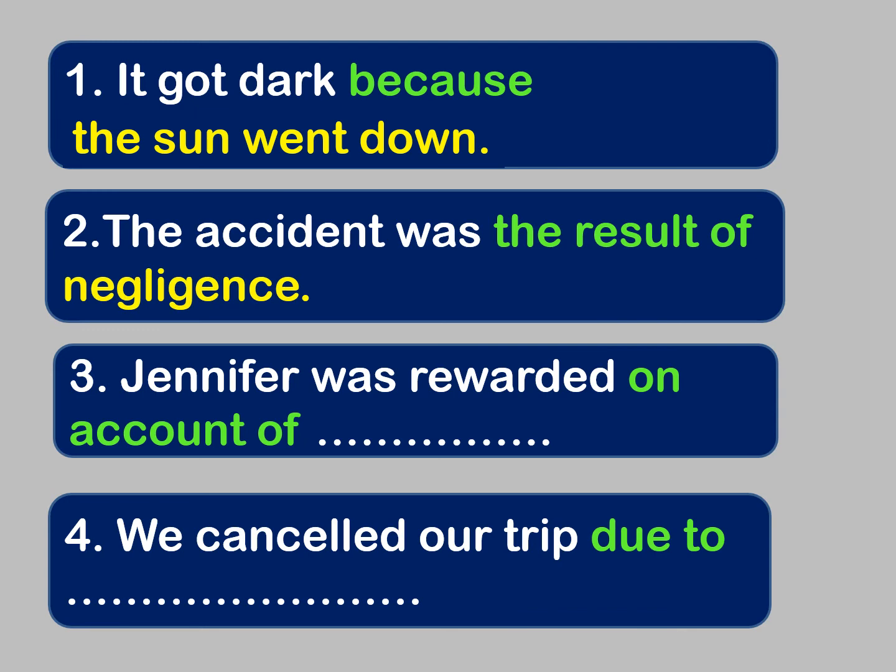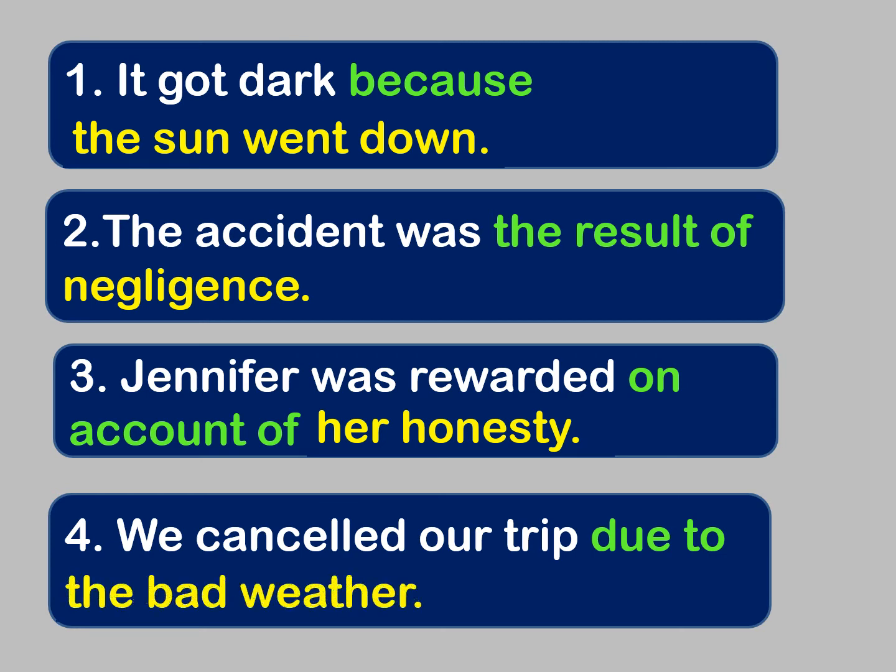Number three, Jennifer was rewarded on account of what? On account of her honesty, her hard work, etc. Number four, we cancelled our trip due to, for example, the bad weather. Good.